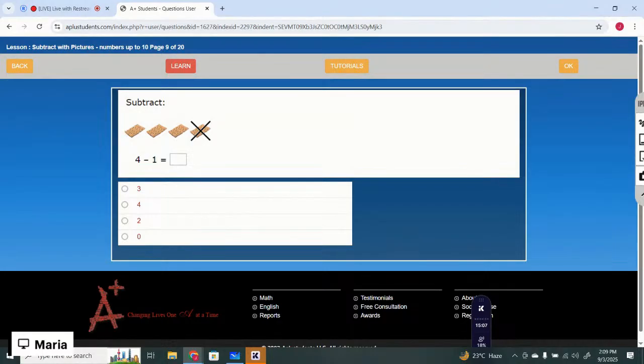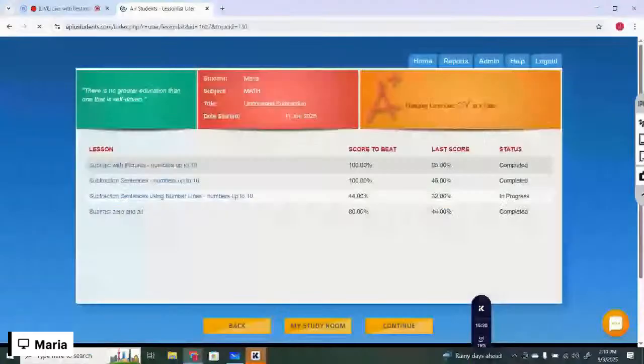That is 4 take away 1 is 3. Option number 1 is the correct option. Okay, you can complete the lesson.